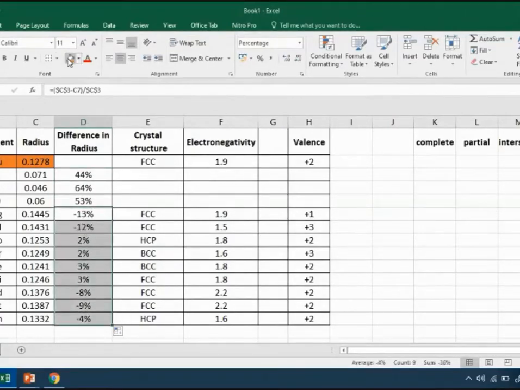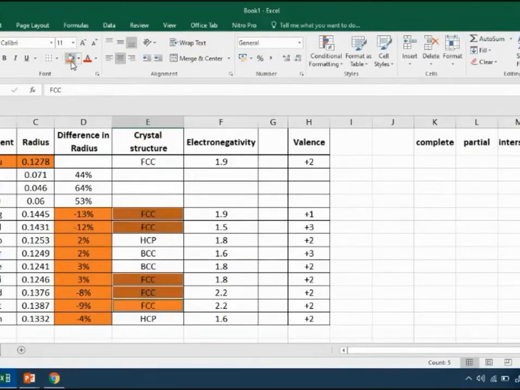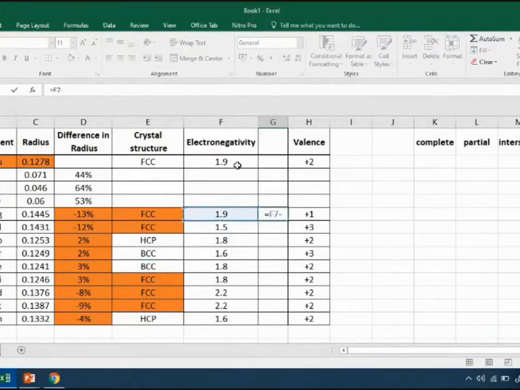Let me do this for the second one, crystal structure. Copper has FCC, so others which have FCC crystal structure have a chance to dissolve completely in copper if other conditions are met also. Now for electronegativity, let me find the difference in electronegativity.